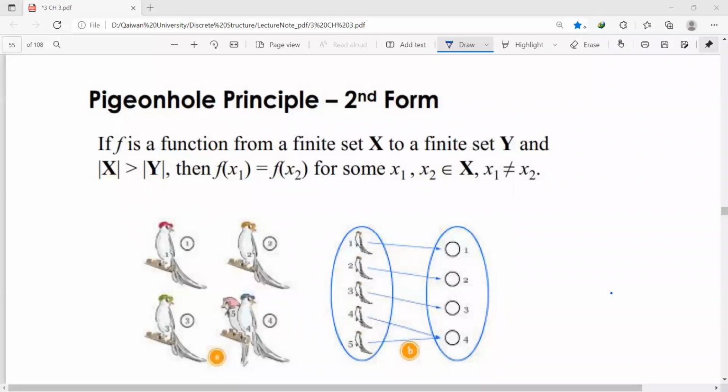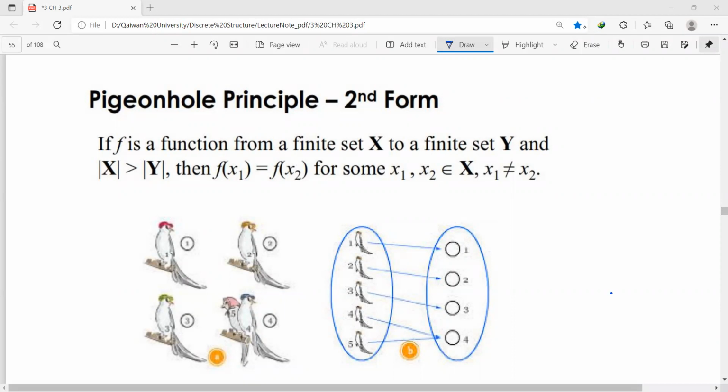We now have the pigeonhole principle of the second form. In the first form, we just cared about having at least two pigeons in one of the pigeonholes.